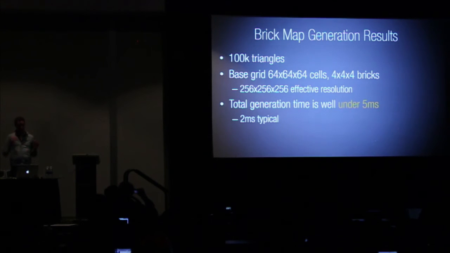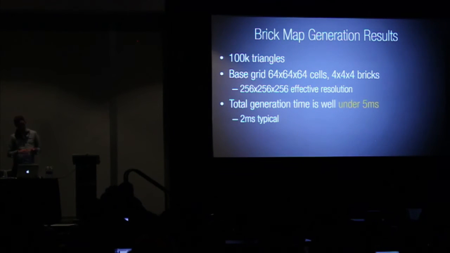So for brick map generation with 100K triangles, I can get an effective resolution of 256 cubed, which gives a reasonable spacing for a typical scene. Again, I'm talking about a production, reasonably well manicured scene, so I don't need to worry about someone modeling a 1 million poly wheel of a car and sticking it in one grid cell, because we can assume that when it's been worked with, it's done with a degree of effort to optimization.